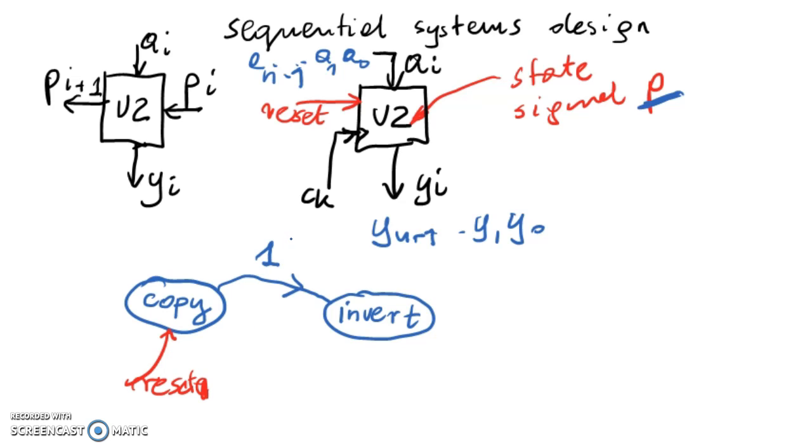What about the output? This first one should also be copied. But before you've got this first one, you can have zeros, and zeros should also be copied. It is A slash Y.